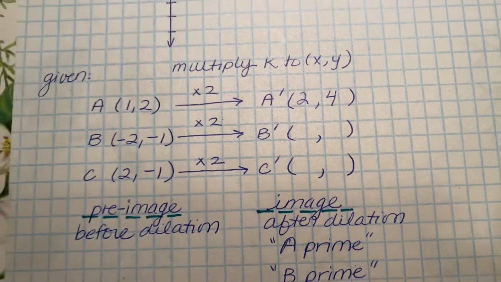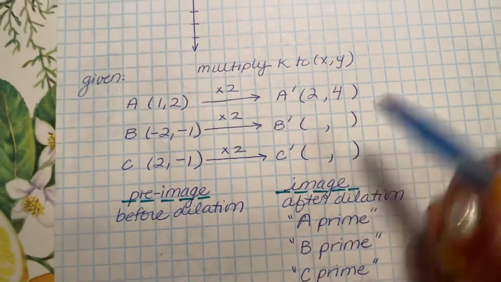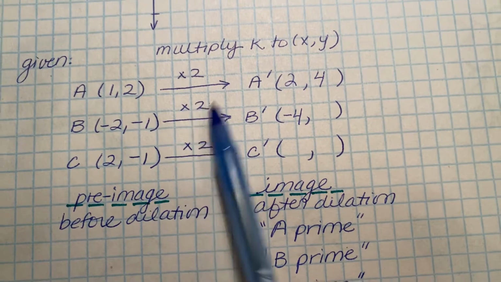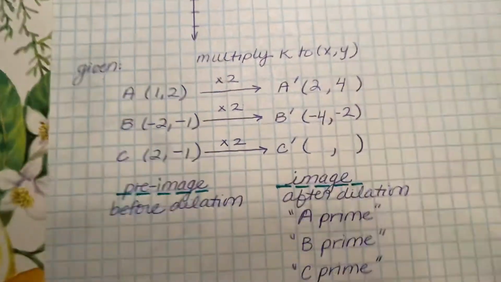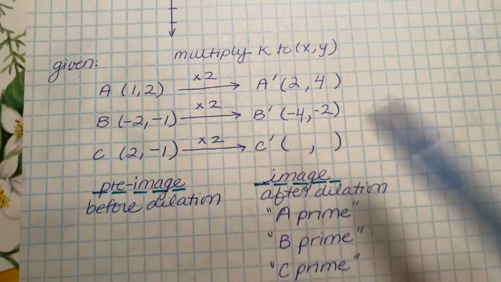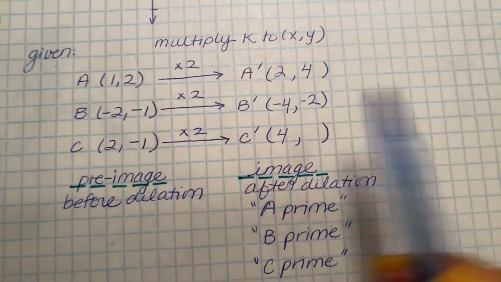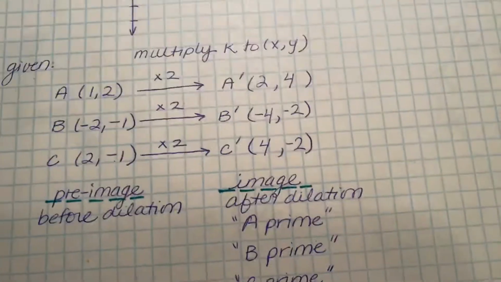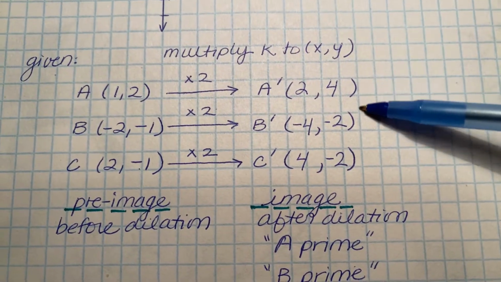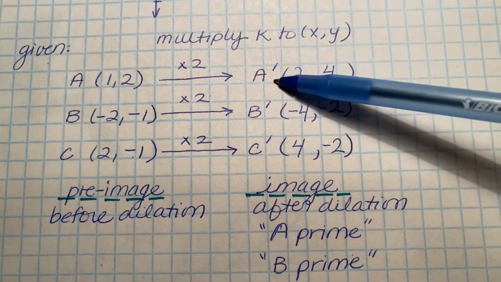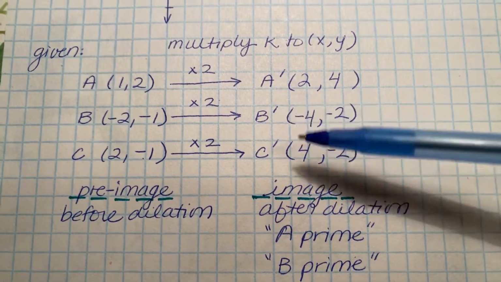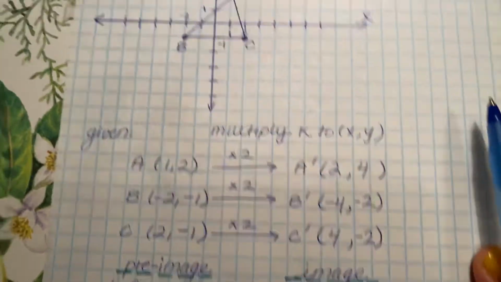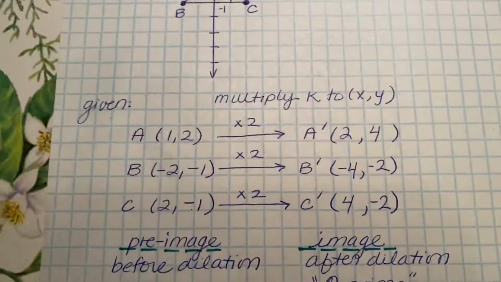You multiply. -2 times 2, -4. -1 times 2, -2. 2 times 2, 4. -1 times 2, -2. So now you have the coordinates for the image. I have A prime location, I have the B prime location, I have the C prime location. So now all I have to do is go ahead and plot that on my graph.